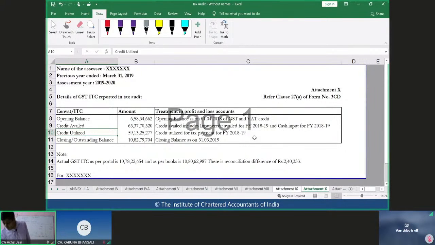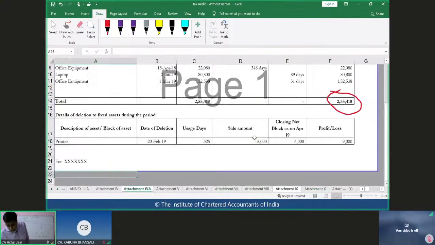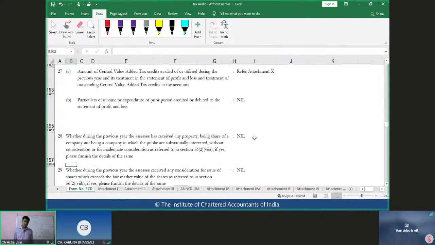Yeah. So how will the auditor audit this? Auditor will look at the books of accounts. Auditor will look at the underlying records. Auditor will also test check them on a sample basis. And of course, in terms of the completeness, he will go to the GST portal. From the GST portal, he will check whether all of these amounts which have been recorded in the books of accounts are appearing there or not.